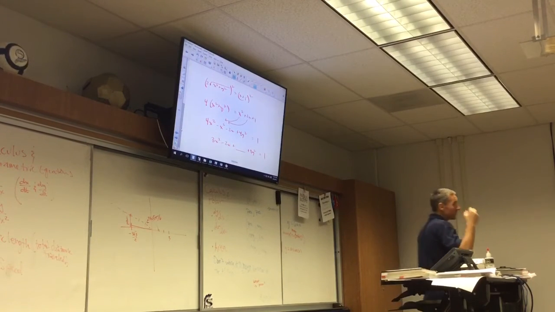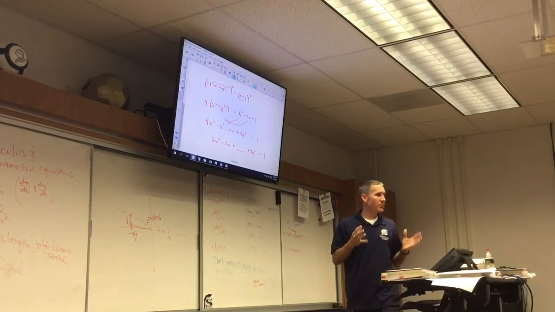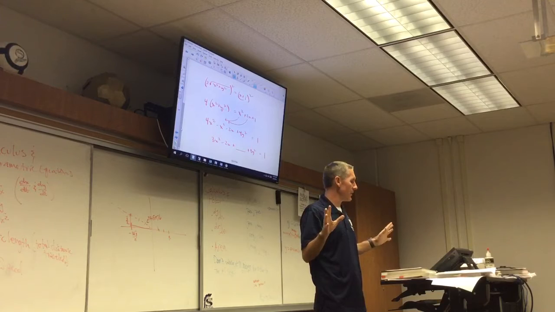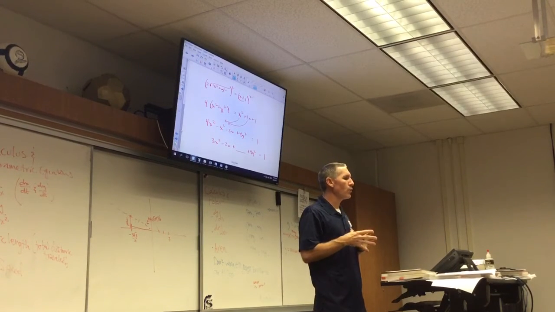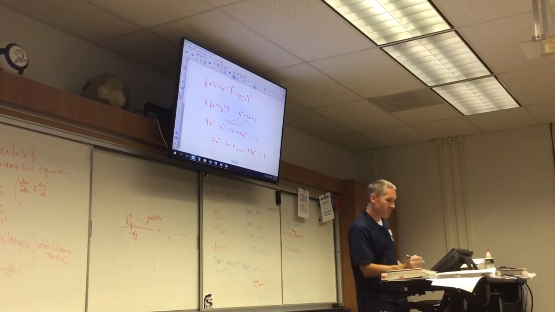Now, what am I doing here with that whole plus something? That's right. So I'm completing the square. Now again, this is a tougher type of problem dealing with polar equations, but this is what you would do.